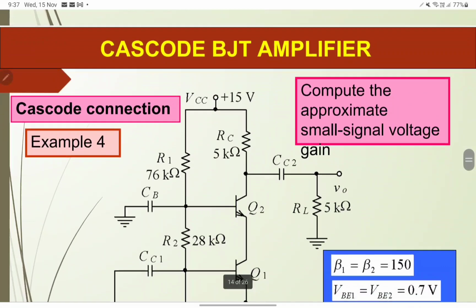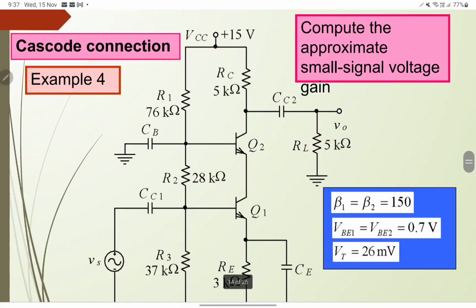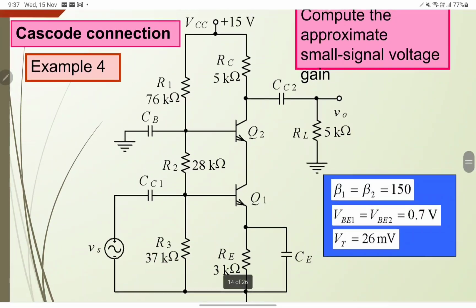Okay. Now this slide gives us an example, a circuit with values. This question asks us to compute the approximate small signal voltage gain.